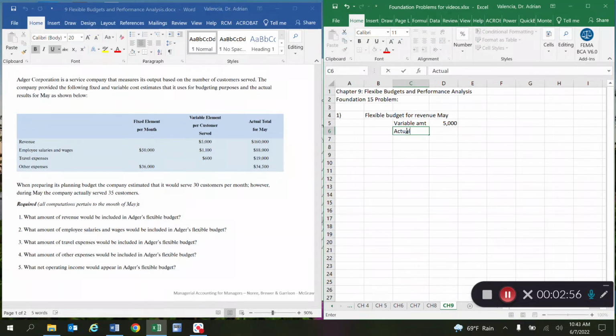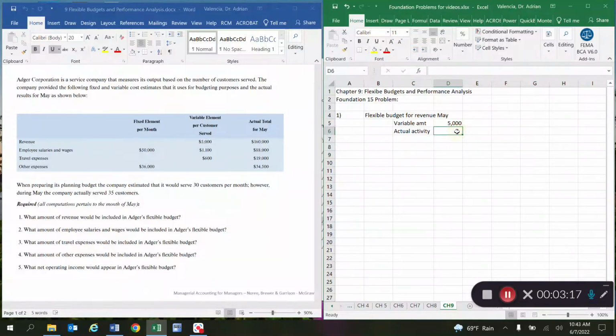Okay, so I'm going to go in there and say actual activity, because this is the flexible budget. The original budget would have been 30 times 5,000, right? So that's the original budget. Now this flexible budget is going to reflect the estimated amount per unit, but based on actual results.